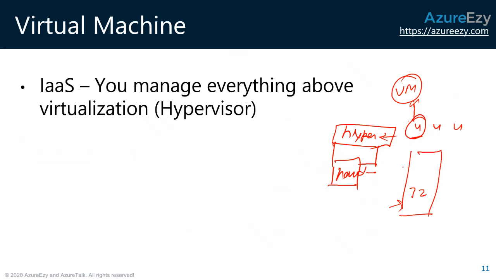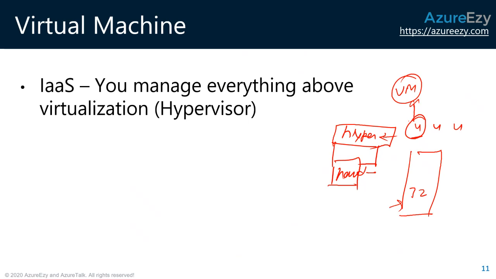You buy a bulky hardware, a server from some vendor, and then you install a hypervisor, which is a VMware solution, or it may be Hyper-V from Microsoft. You install it, and using that you divide that particular hardware into small chunks, and that is what you call a virtual machine.